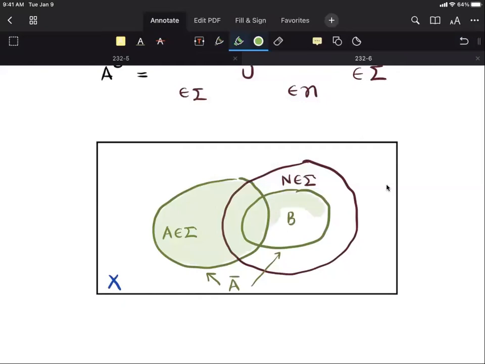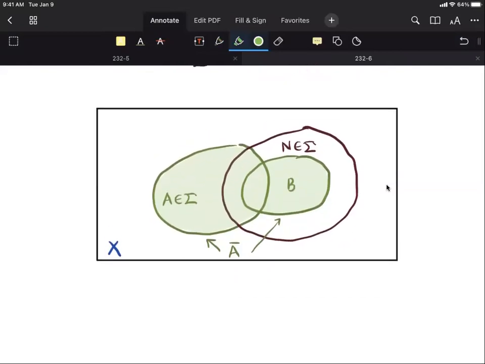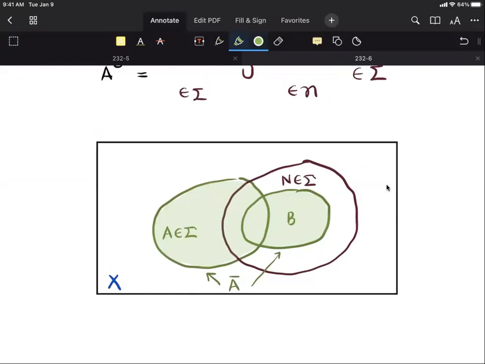And we need to look at the complement. This one. So the complement is basically the region outside this green part. And that is the same as, if you take the complement of the union, but not with B, but with N. So you can divide the complement into two parts.